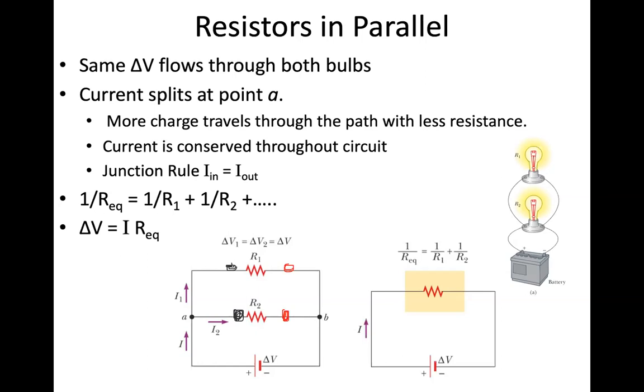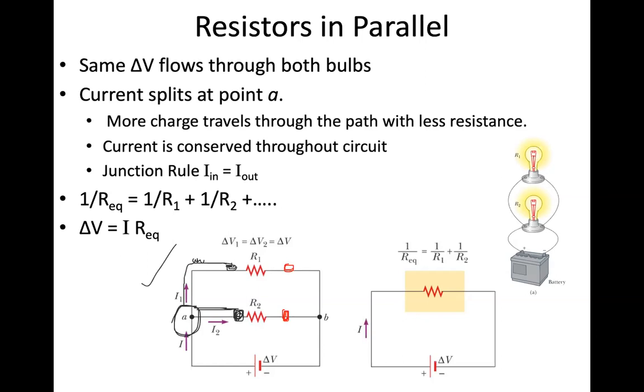And it doesn't really matter which location you choose. I could choose point A as a location. So I ask myself, can the left side of resistor 1 flow to location A uninterrupted? In other words, there's not another element in here. Can the left side of resistor 2 flow to point A uninterrupted? The answer is yes. So far, they seem to be in parallel.